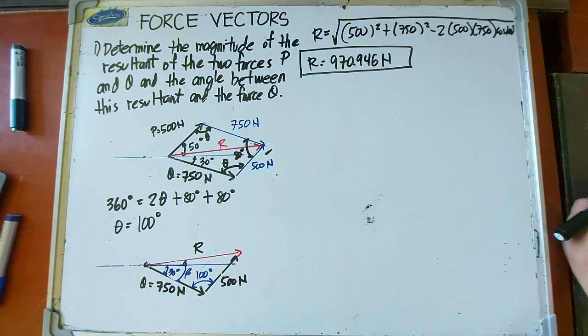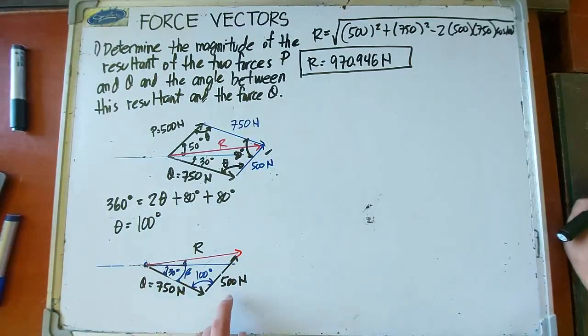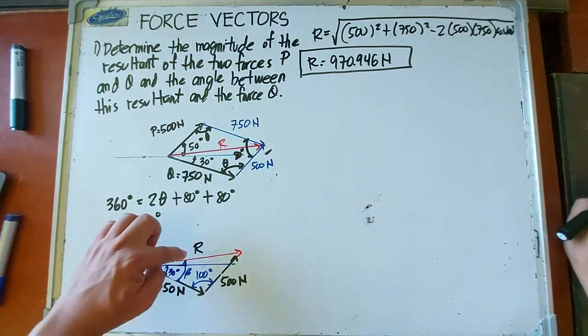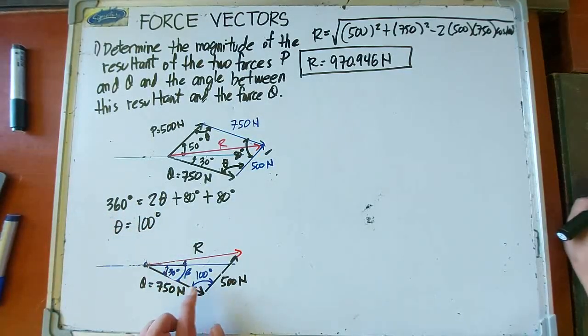So you study the triangle. May mga given sa triangle natin. Nasolve na natin yung lahat ng sides, ano? Including the resultant. Ito. So we know this side, and the resultant was also solved a while ago. And we know this angle.